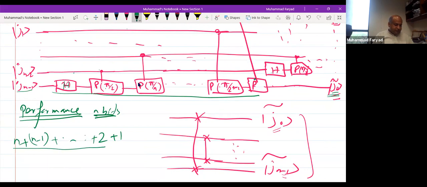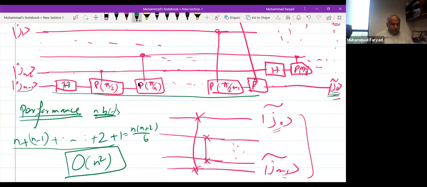You can easily find the sum of this series, which is n(n+2)/6, which is of the order of n squared. This is n squared plus 2n, but when n is large, this term is proportional to n squared. So this is the leading term, and the total number of gates is proportional to n squared.